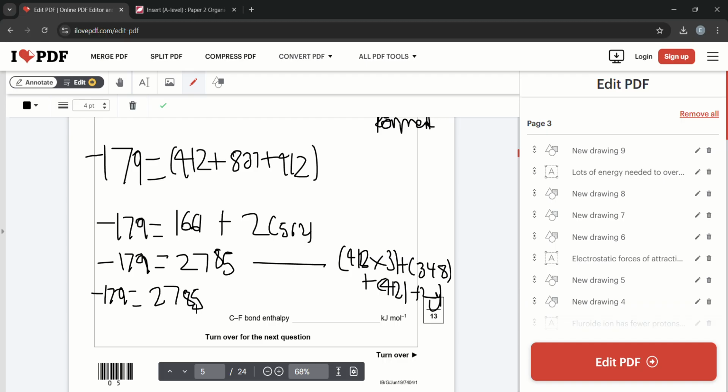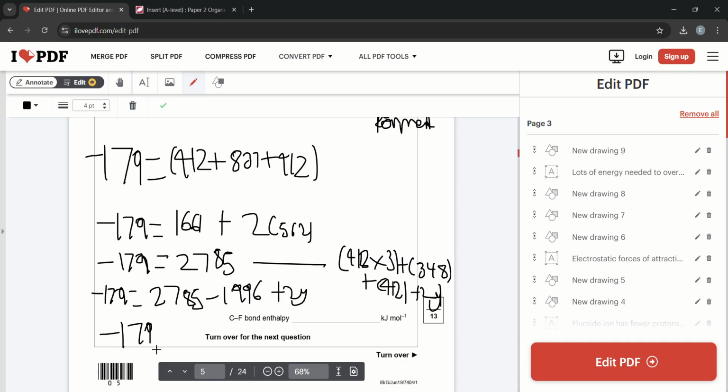412 times 3 plus 348 plus 412, 1996 plus 2y. 2785 minus 1996, 789.